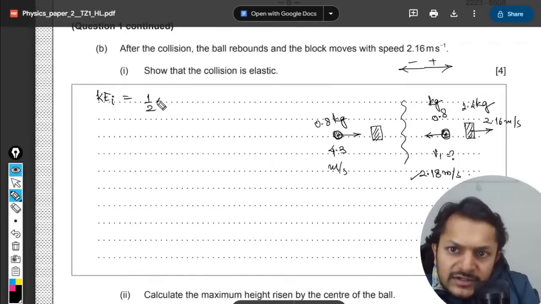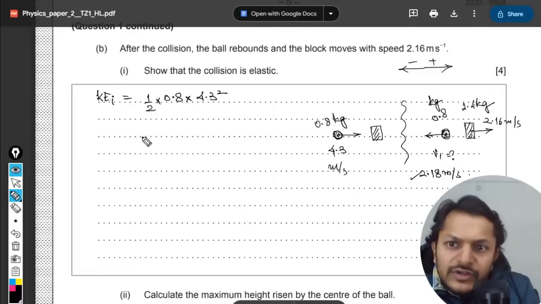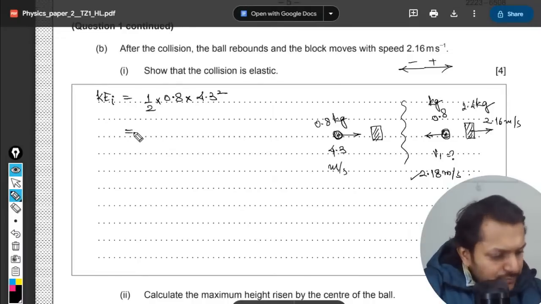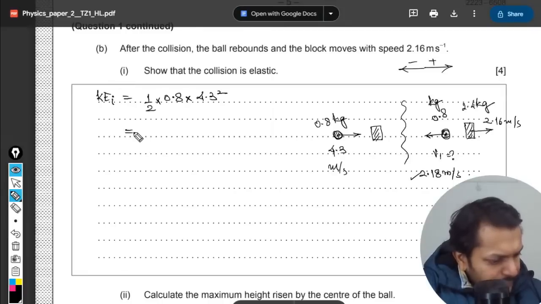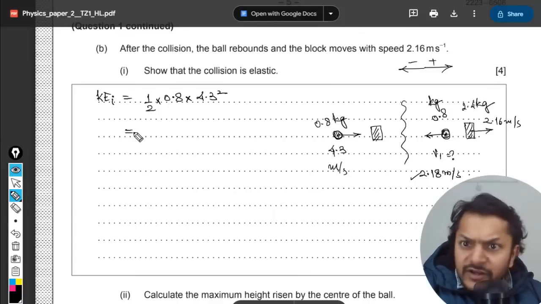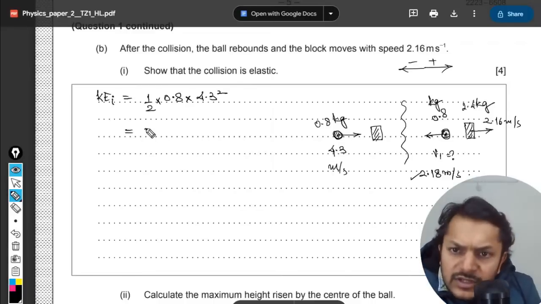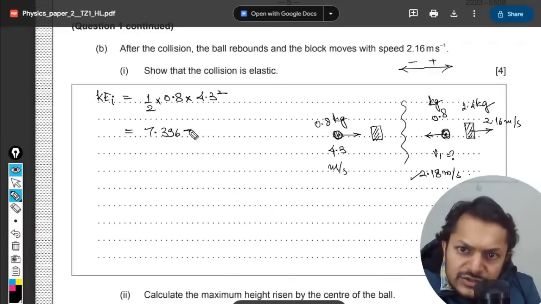Initial kinetic energy is half m v square, which will be... it will be taking a lot of time like this. I think we should start referring to the mark scheme only. So the kinetic energy is 7.396 joule.